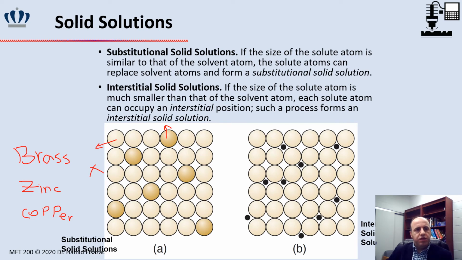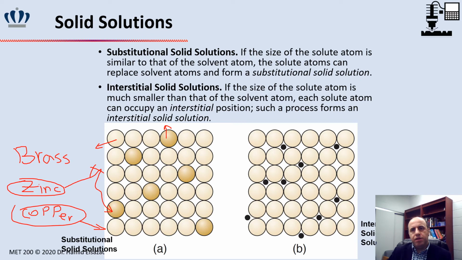Here, the zinc is going to be the solute, this one, and copper is going to be the solvent. The next one is the interstitial solid solution, if the size of the solute atom is much smaller than that of the solvent atom.